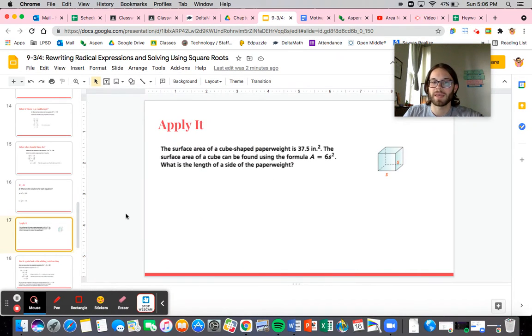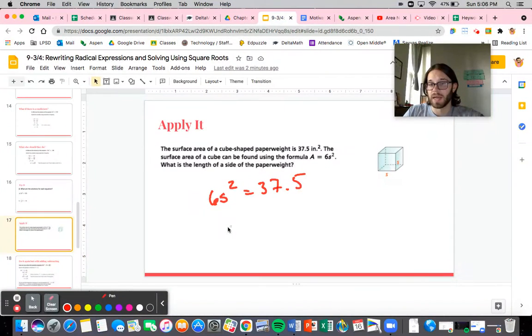Now, if you had something like this, you kind of apply it. If you know the surface area is 37.5, the surface area of the cube can be found using that formula. What's the length? Well, 6s squared is equal to 37.5, right? Divide.